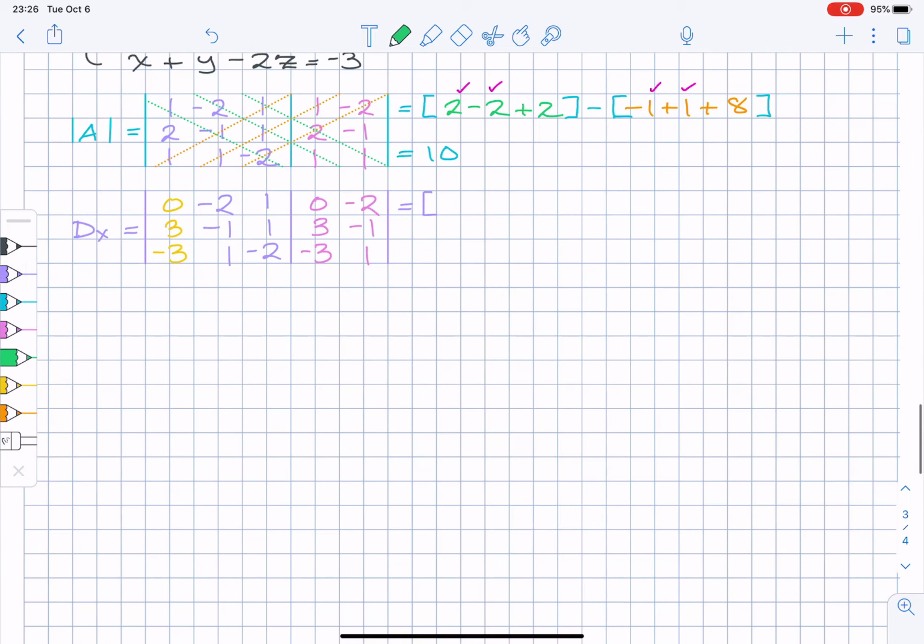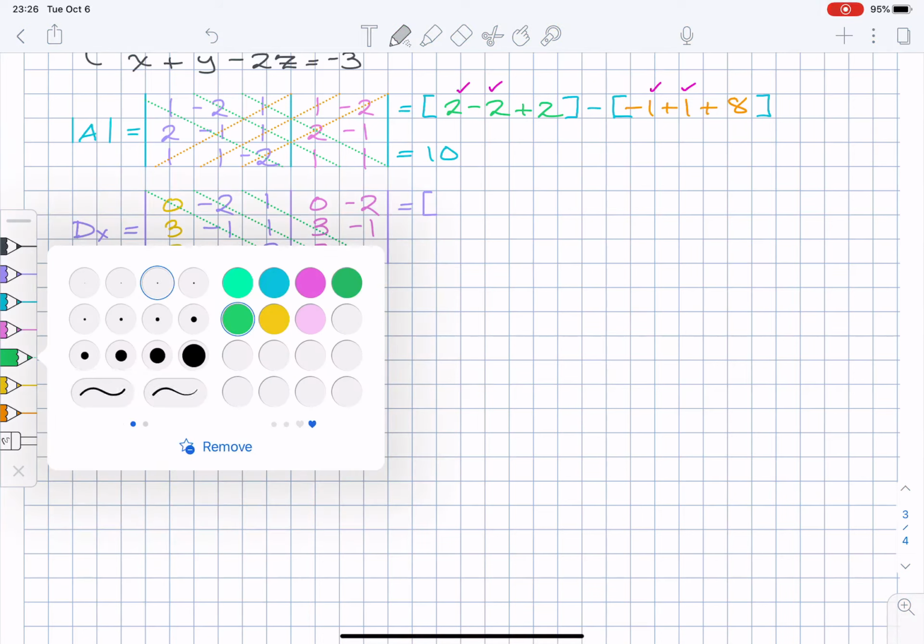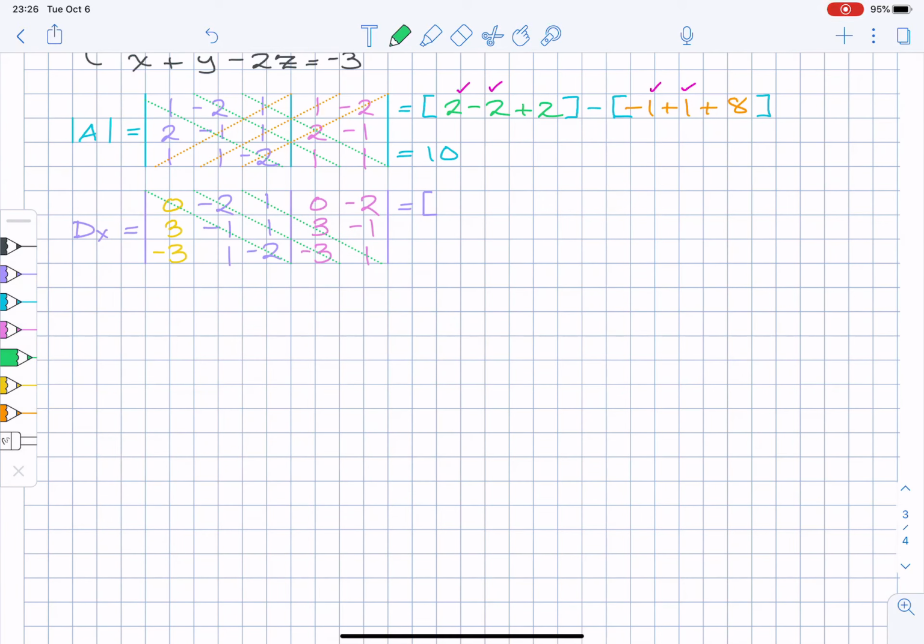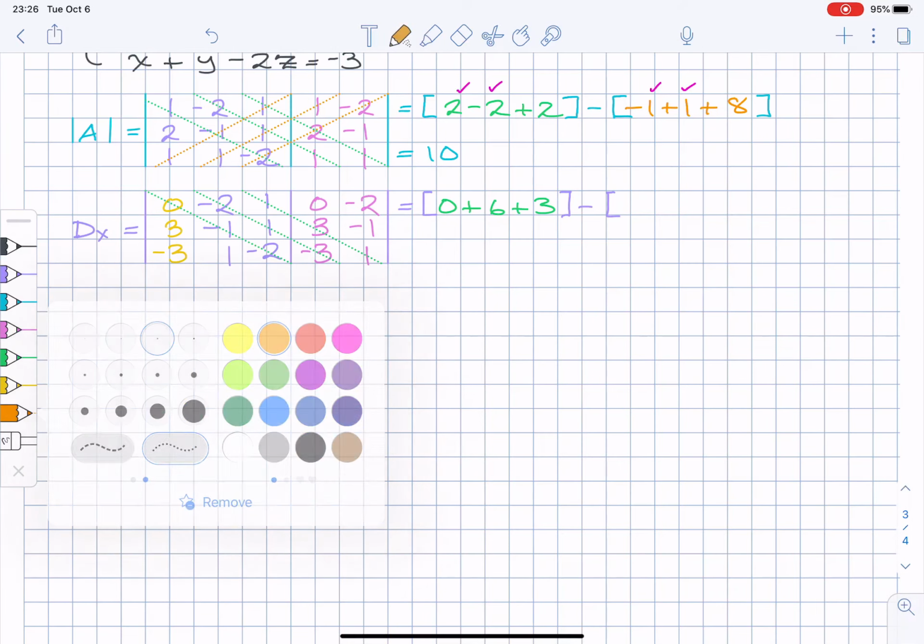So looking at the main diagonal entries, we get then 0 plus 6 plus 3, from which we're subtracting the product of the alternate diagonal entries.